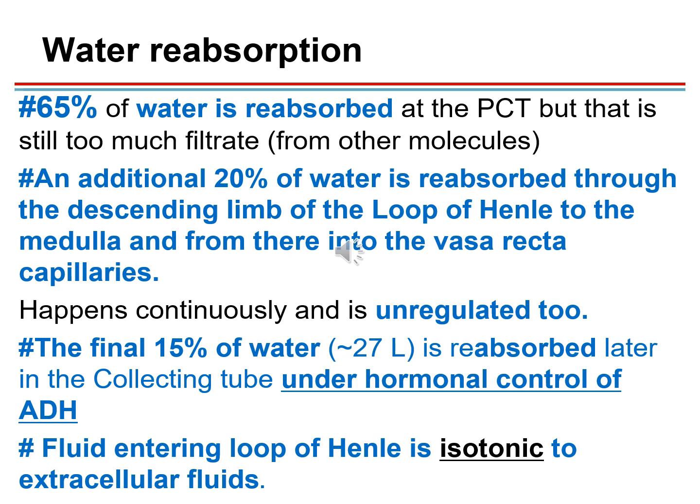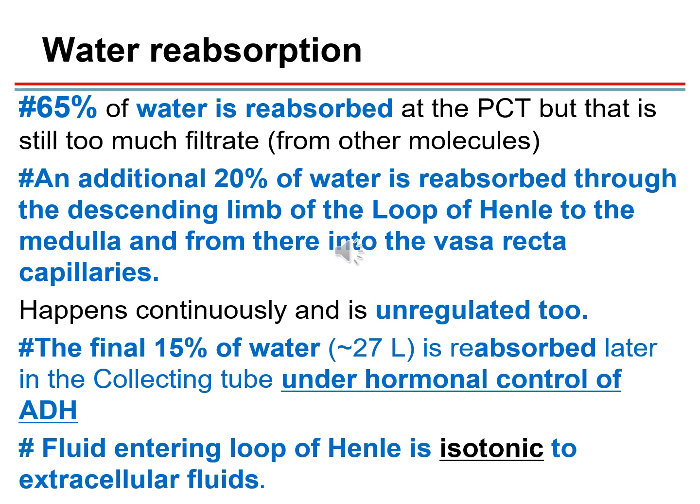The final 15% of water, which is an average of 27 liters, is reabsorbed later in the collecting tube, but this action is under the influence of the ADH hormone, antidiuretic hormone.